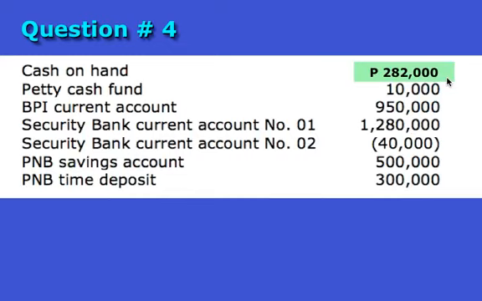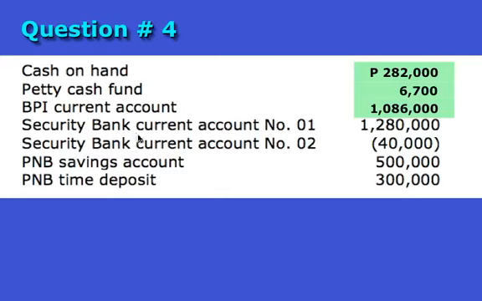So refer to number 1. Petty cash, number 2. BPI current account, number 3. So as computed earlier, adjusted cash on hand, petty cash fund, and BPI current account: include.